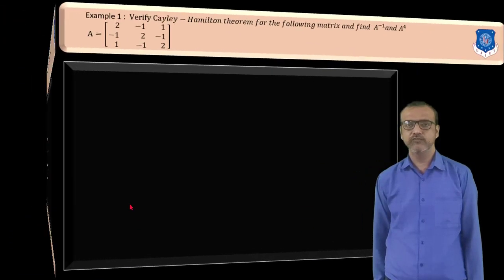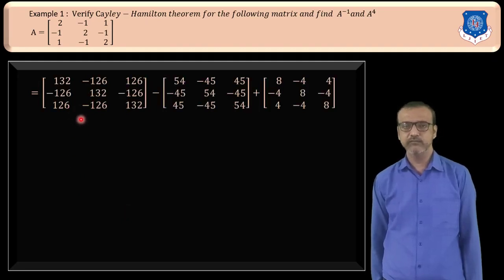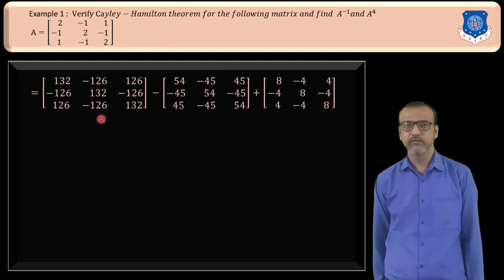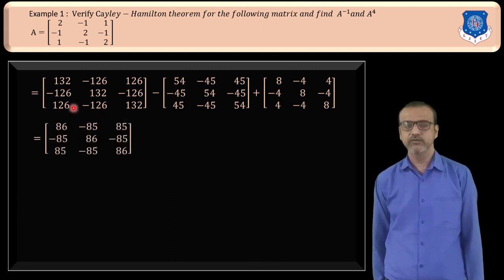So A raised to 4 equals this resultant matrix. Now we will simplify this matrix to obtain A4.